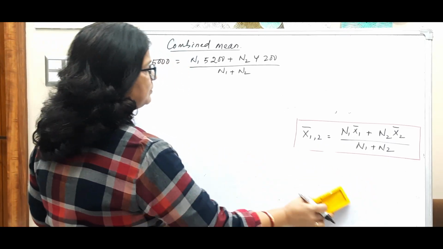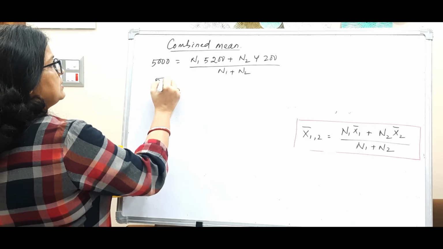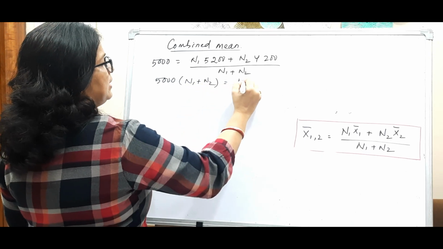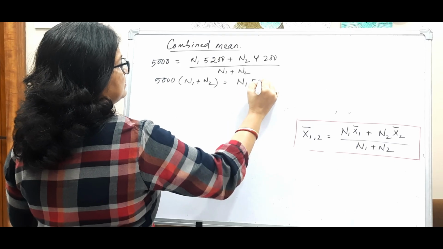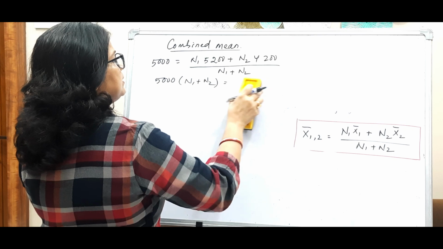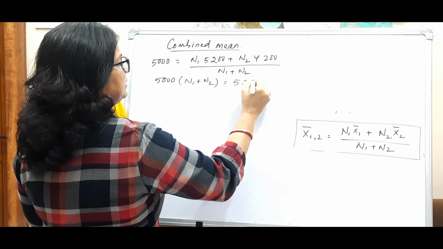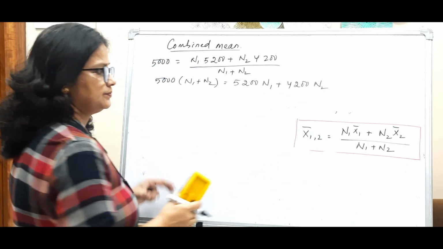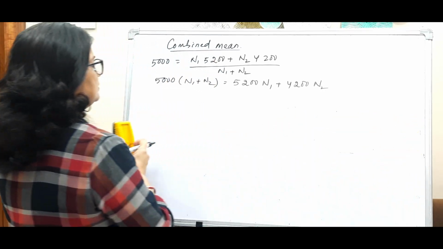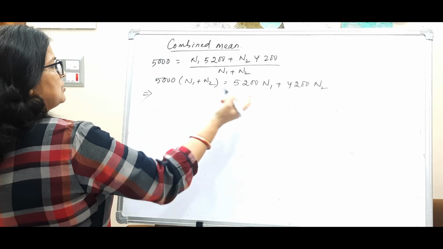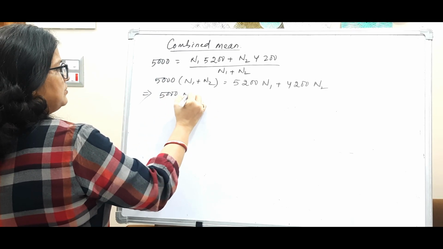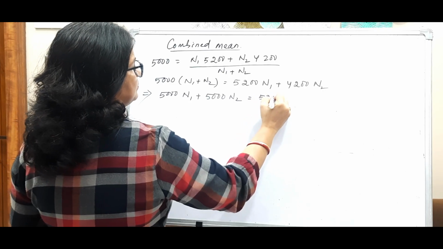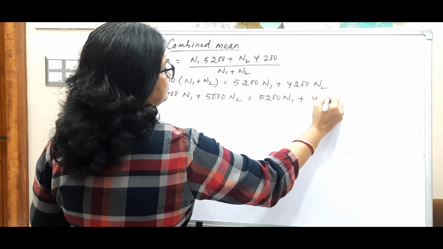So, how we are going to solve it? 5,000 into N1 plus N2 equal to N1 into 5,200, that is 5,200 N1, plus 4,200 N2. So, 5,000 N1 plus 5,000 N2 equal to 5,200 N1 plus 4,200 N2.